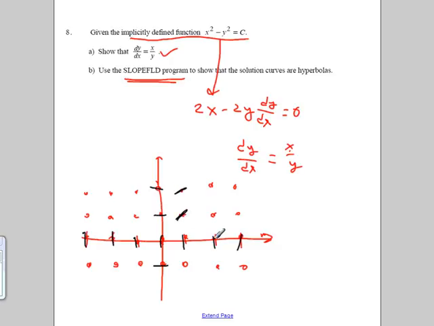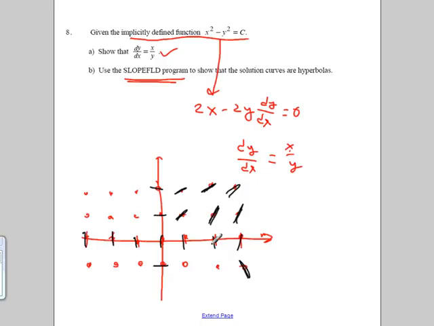When x is 2 and y is 1, a slope of 2. At 2 and 2, a slope of 1. At 3 and 2, it's going to be 3/2. And at 3, negative 1, it's going to be a slope of negative 3.